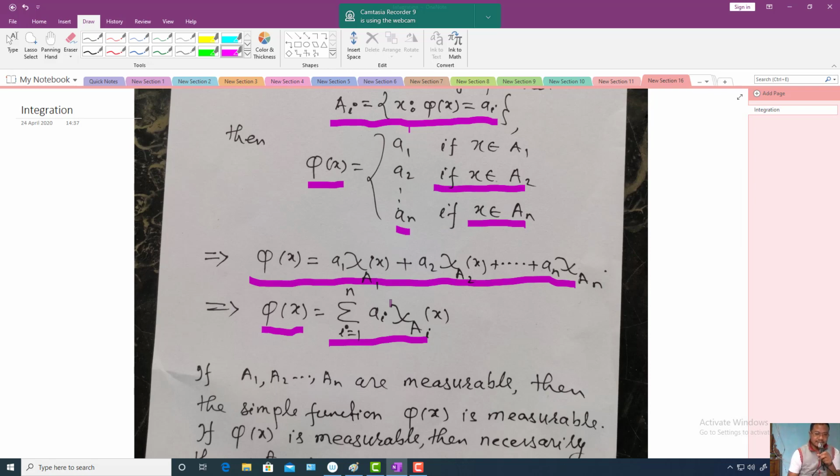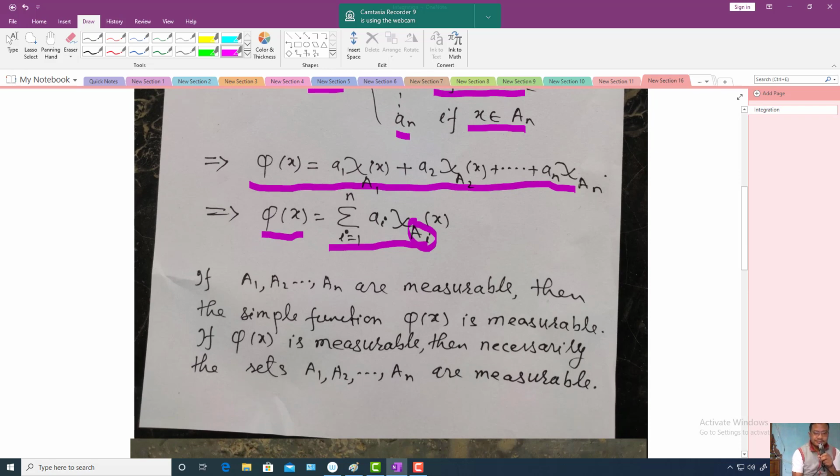This simple function is measurable if and only if the sets Ai's are measurable. If the sets Ai's are measurable, then phi x is going to be measurable. If phi x is measurable, then these Ai's are going to be measurable. Yeah, this is what I have written here.